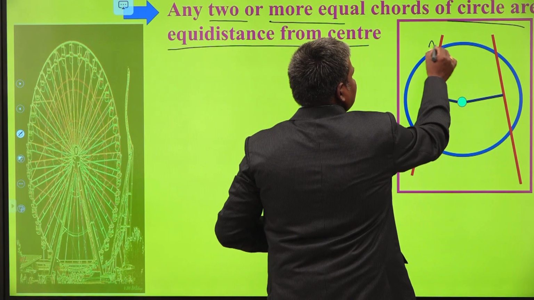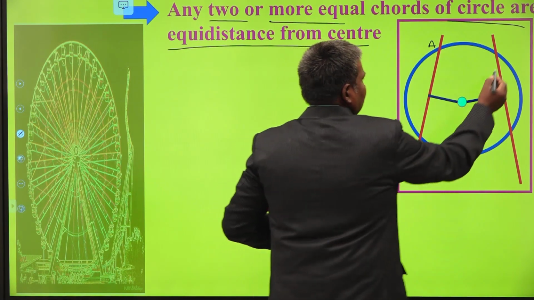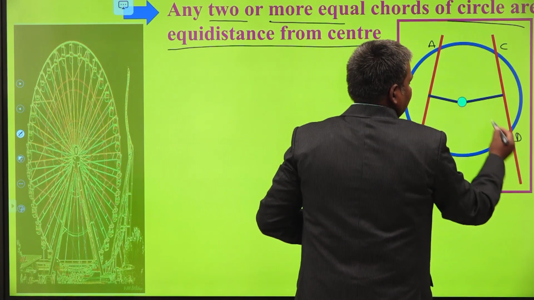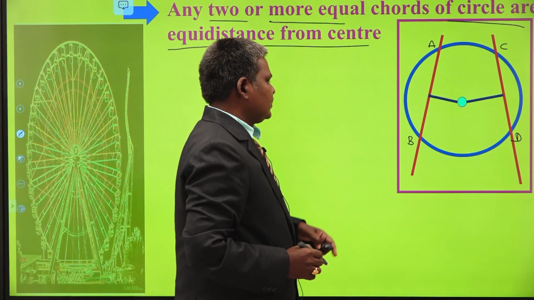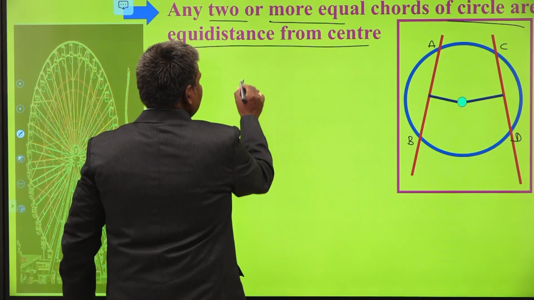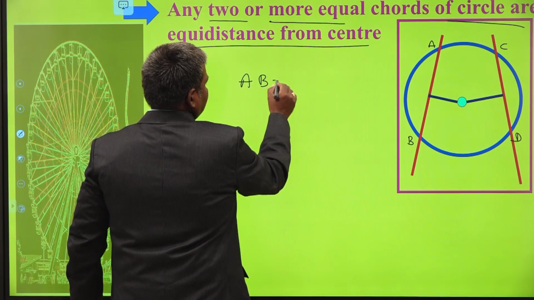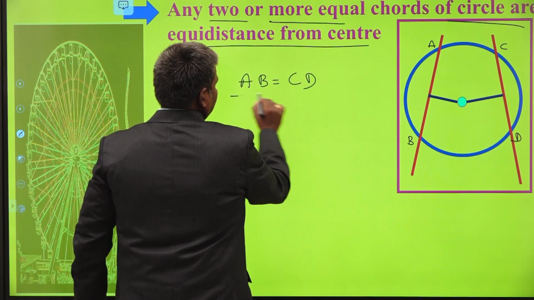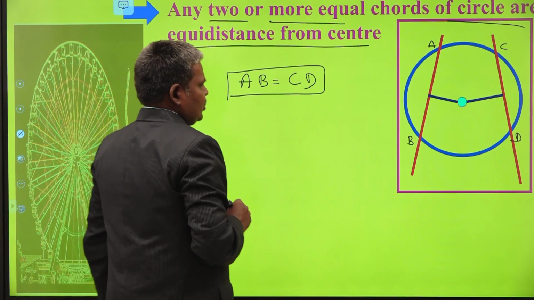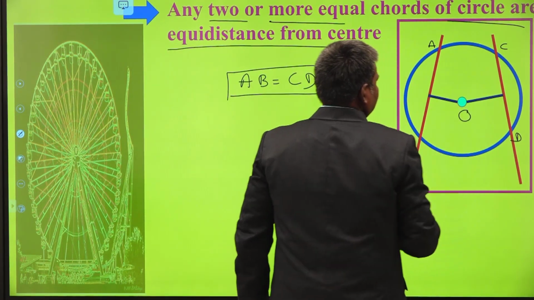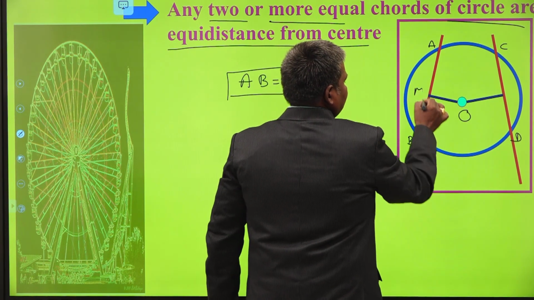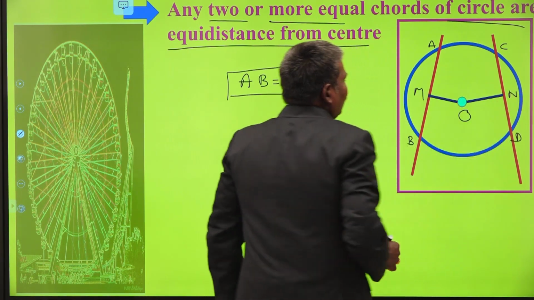This is AB, this is CD, two different chords having the same length. AB is equals to CD. This is your given condition. This is the center O. This is M, this is N. What is your aim?